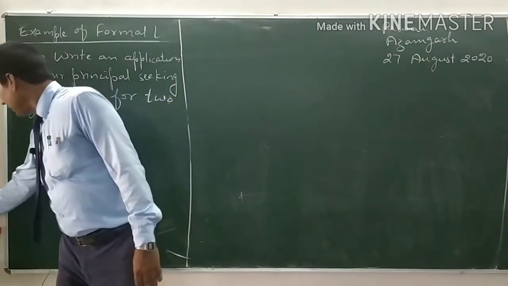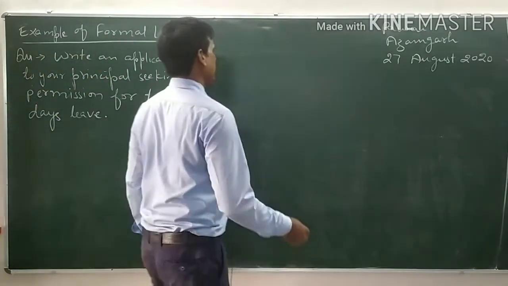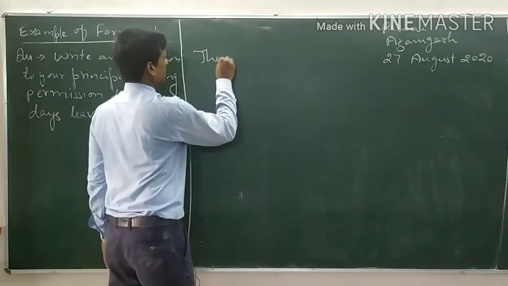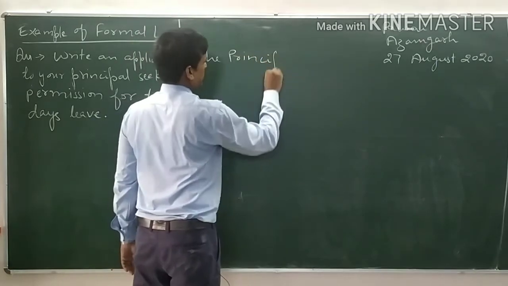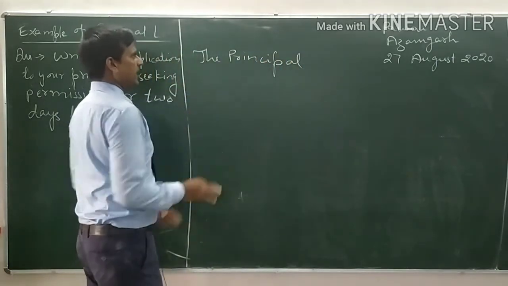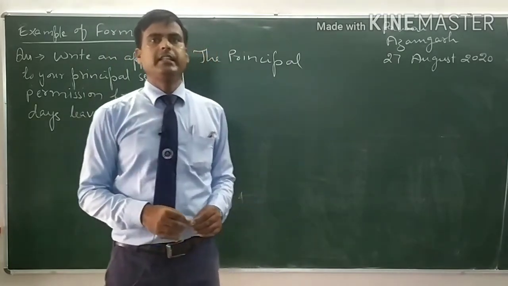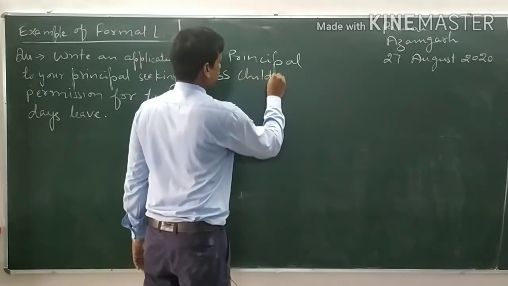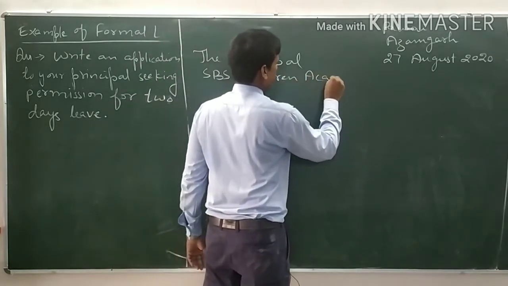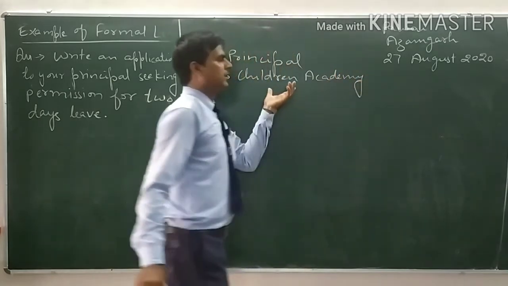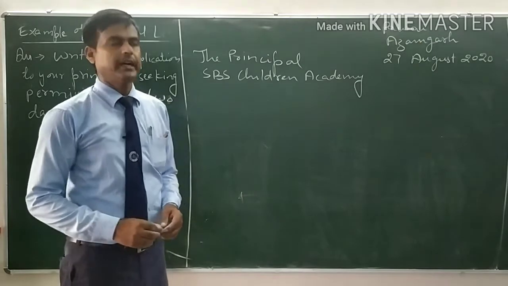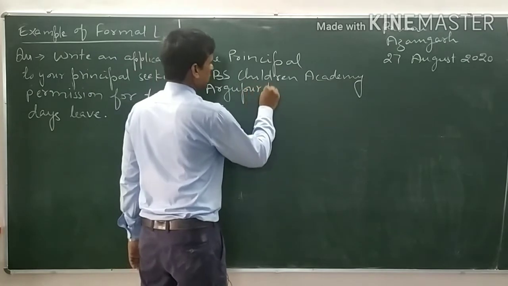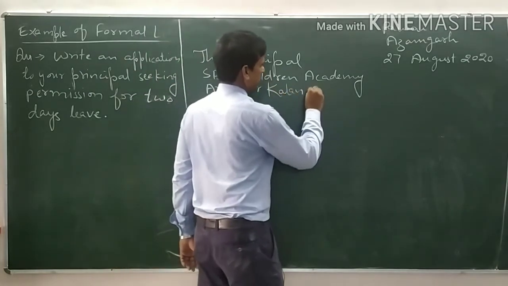After writing the date, we will write the receiver's designation, the principal. After writing the designation of the person, we will write the name of the organization, SBS Children Academy. After writing the name of the organization, we will write the address of the organization, Argupur Kala, Jaunpur.